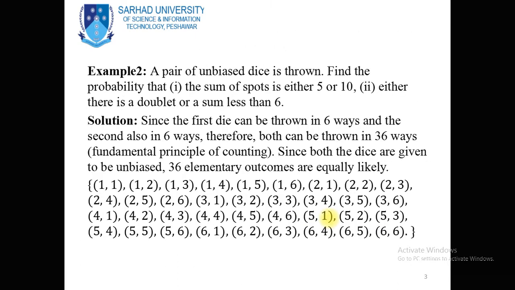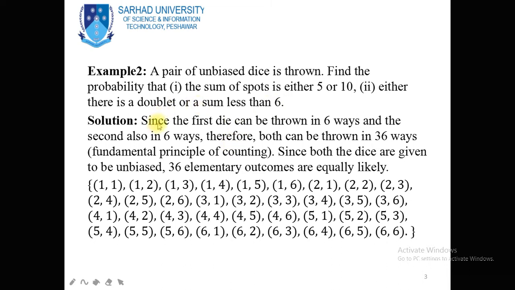Now another problem: a pair of unbiased dice is thrown. Find the probability that, number 1, the sum of spots is either 5 or 10; number 2, either there is a doublet or a sum less than 6.